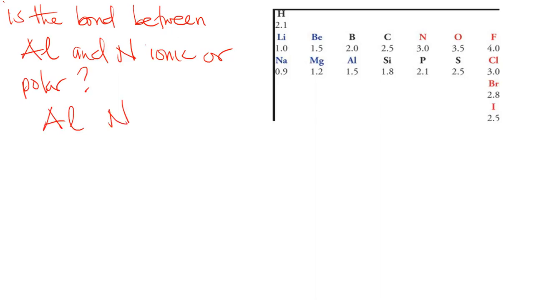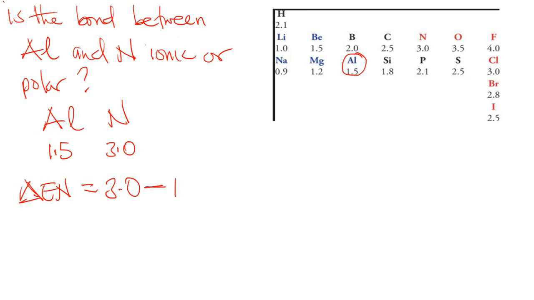So we come to aluminum. The electronegativity of aluminum is 1.5. The electronegativity of nitrogen is 3.0. So always we start with the bigger one. Change in electronegativity is equal to 3.0 minus 1.5, which is 1.5.